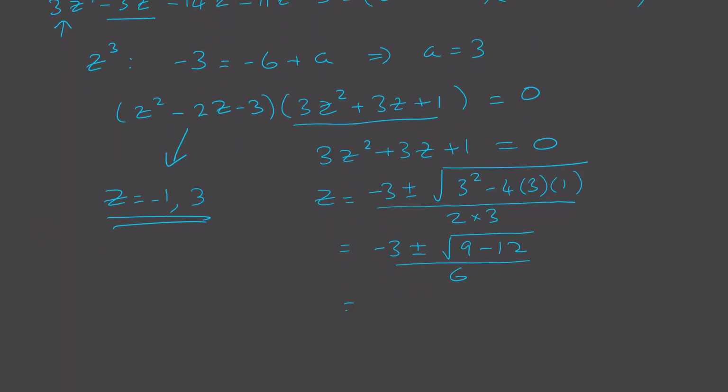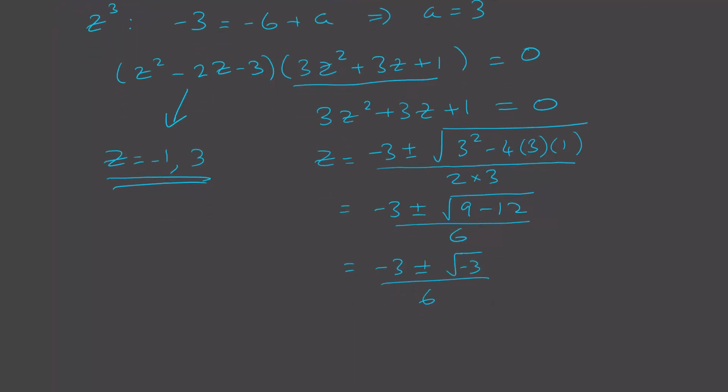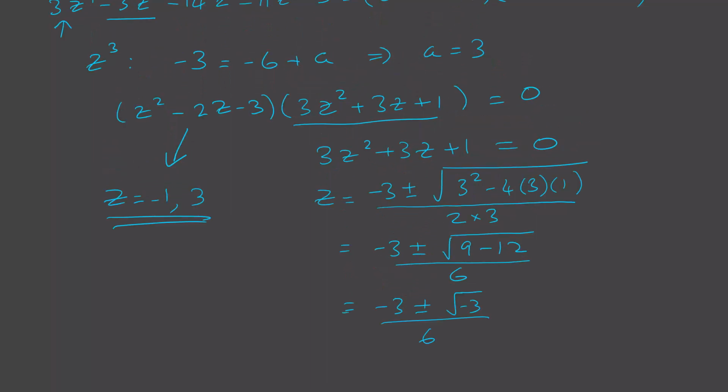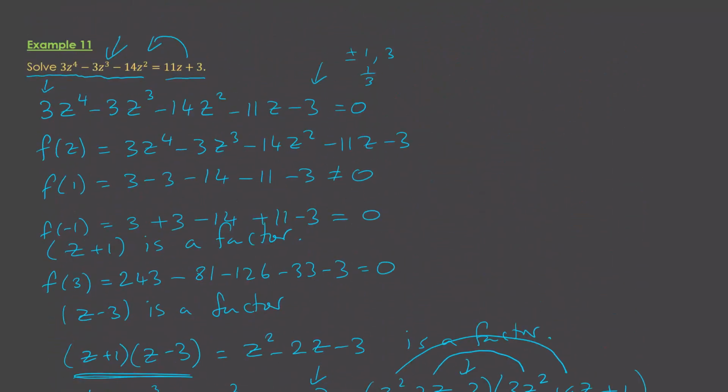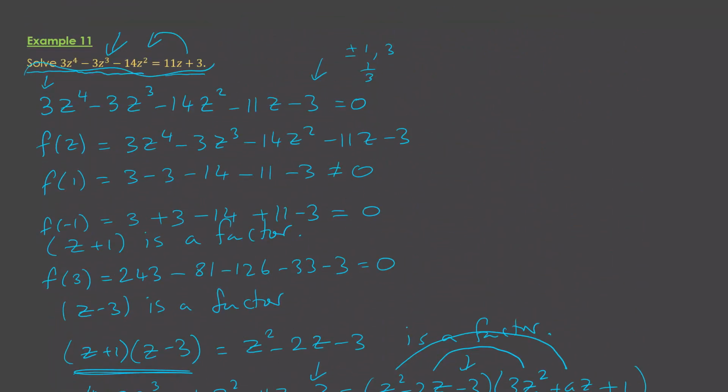So that's going to give us -3 plus or minus root -3 over 6, which is -3 plus or minus i root 3 on 6. Once again, when we end up with complex roots, and we started with real coefficients, we get a conjugate pair.